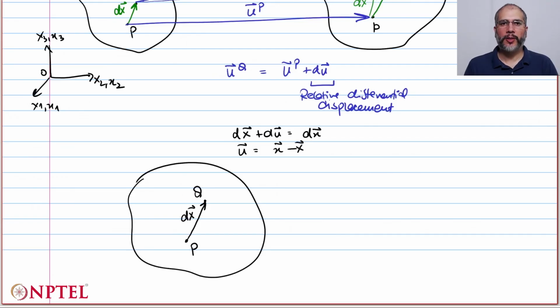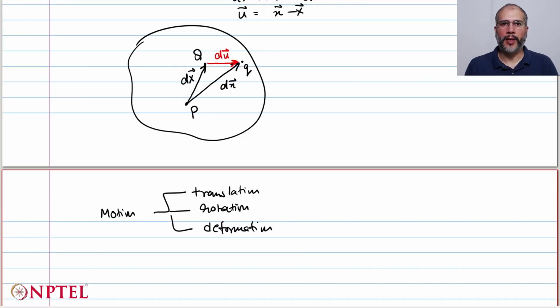And now since you're sitting on particle P, the body deforms and you find that now the particle Q looks like this. So you'll measure the displacement of this as d small x. And what you see is that now the differential displacement is the displacement of the particle Q as you saw it while sitting on the particle P. So this enforces the idea of the relative differential displacement.